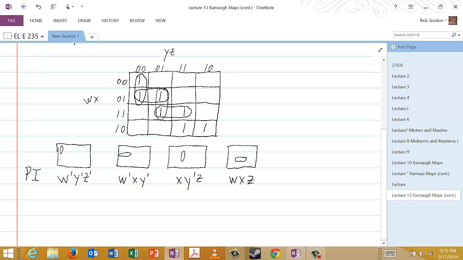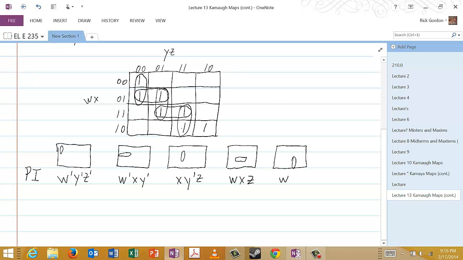And now the next prime implicant, right here. As we begin to look for the name for this prime implicant, W is constant and equal to 1. So we have W. X is changing. It's equal to 1 in the top cell and 0 in the second cell.